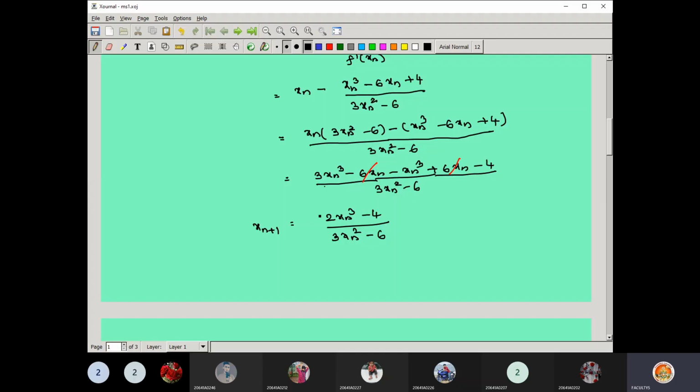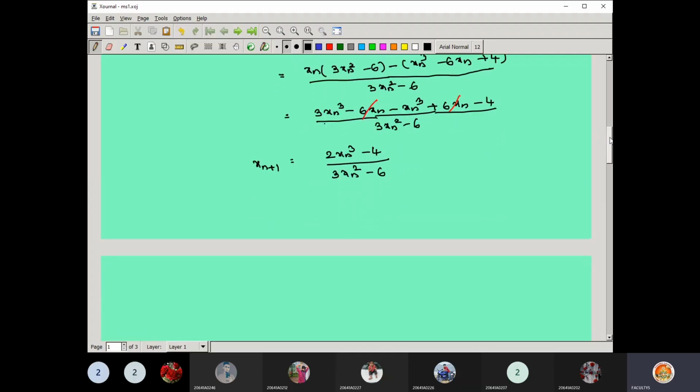Now once you get the simplified value, you substitute n equal to 0 so that you will get one approximate root. So for n equal to 0, you get x1 equal to 2x0 cube minus 4 divided by 3 x0 square minus 6.